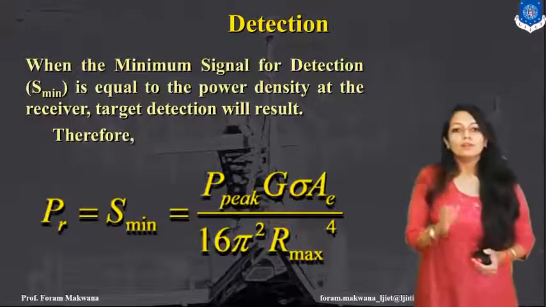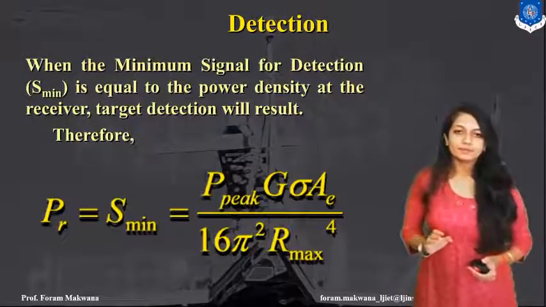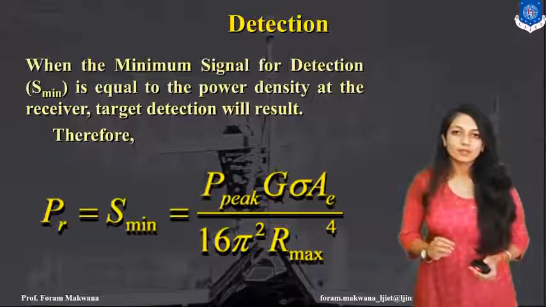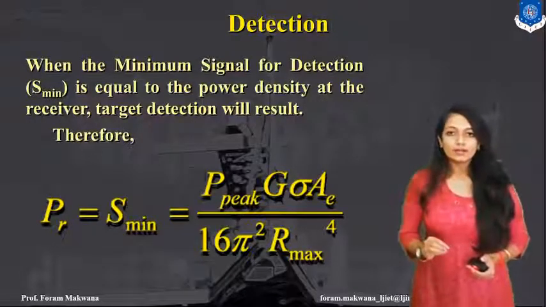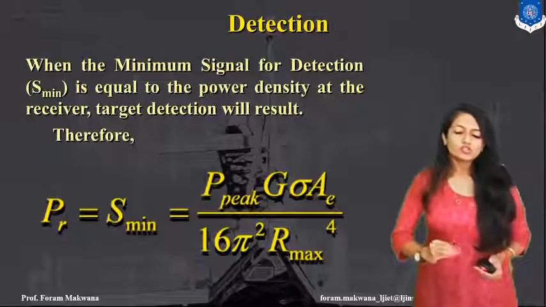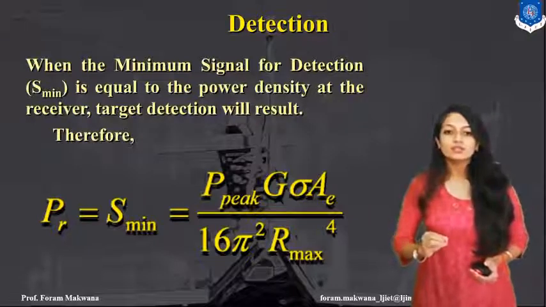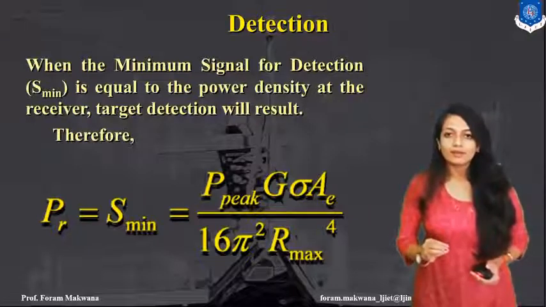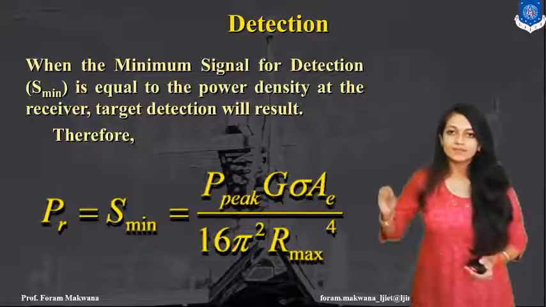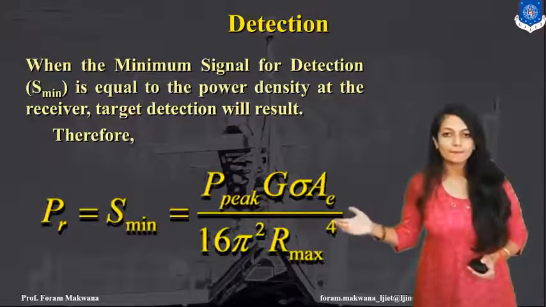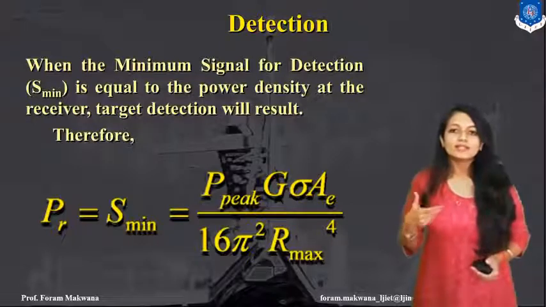Now, based on all these parameters, we need to conclude the minimum signal required for detection at the receiving side.